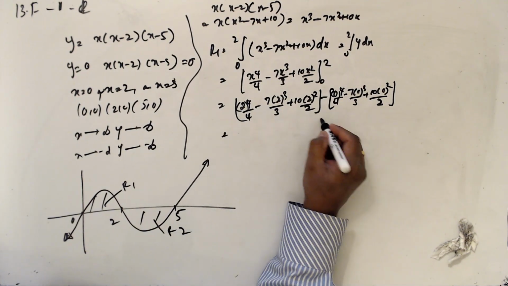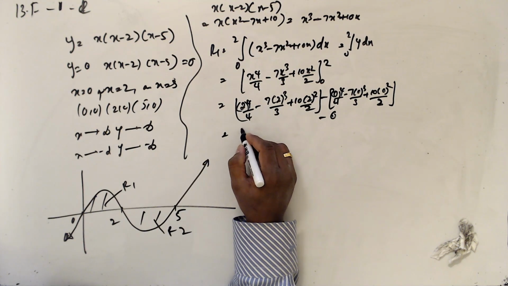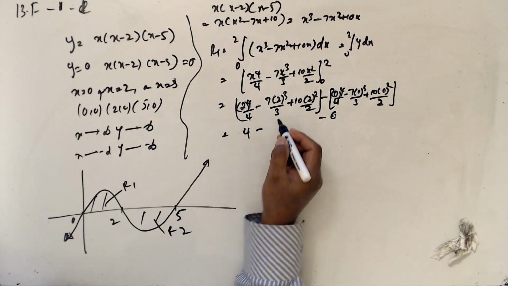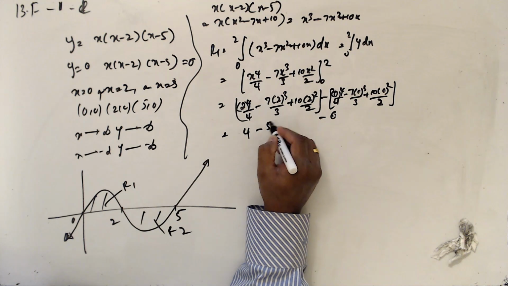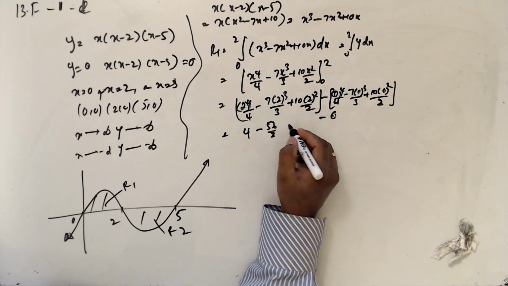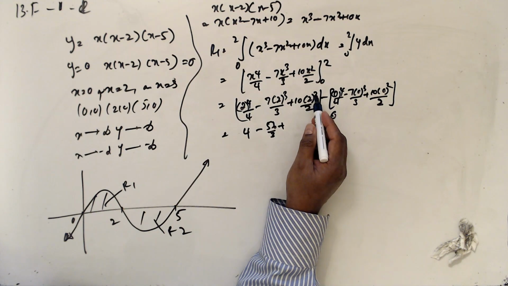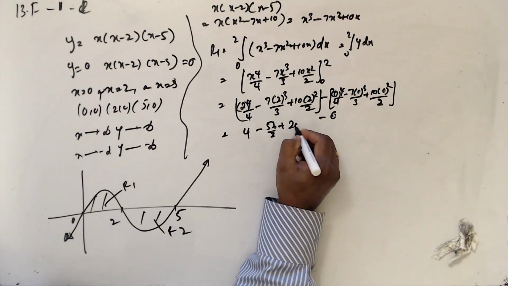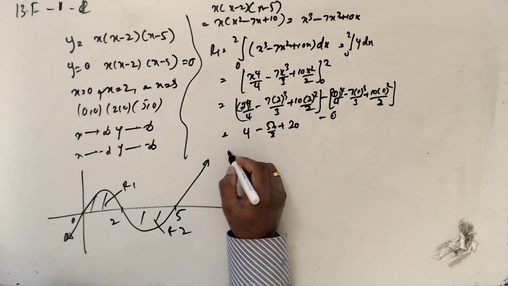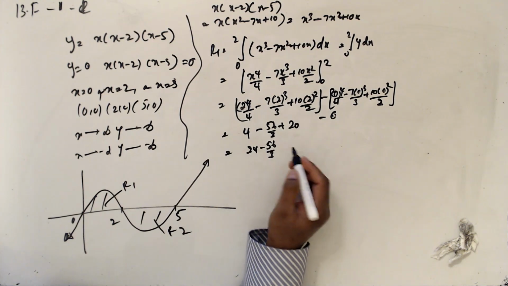So this value is going to be 0. This is 16 over 4, which is 4. This is 2 to the power 3, 8, 56 over 3, and this is going to be 2 square, 4, 4 divided by 2 is 2. 2 times 10 is 20. So this is going to be 24 minus 56 over 3.